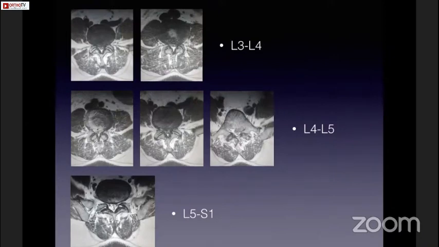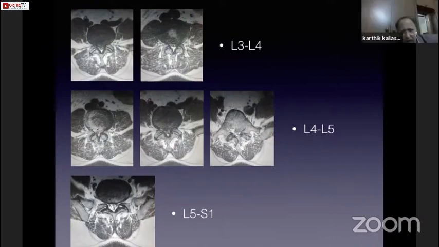But nowadays I would prefer to do this by a biportal approach, a 2-level UBE procedure, wherein if you look at the L3-4 level, even though the patient is predominantly left-sided symptomatic, he also has a right-sided L3-4 lateral recess stenosis. So an over-the-top decompression of that level I would also consider in this case.